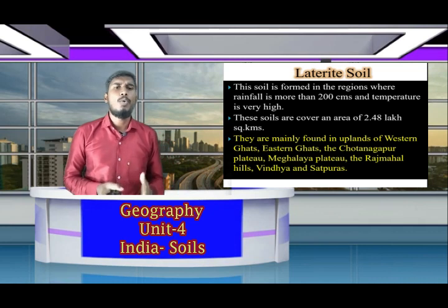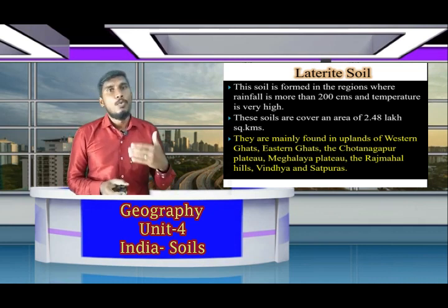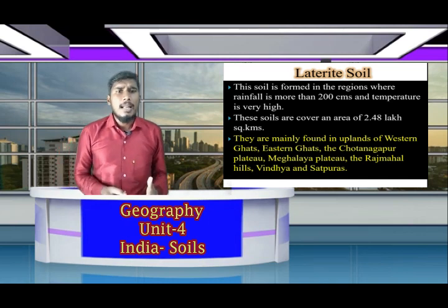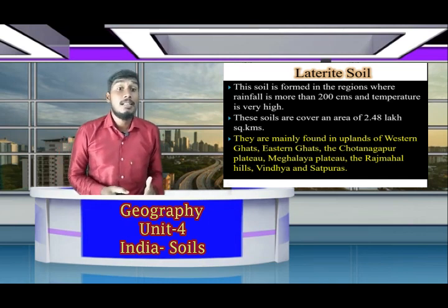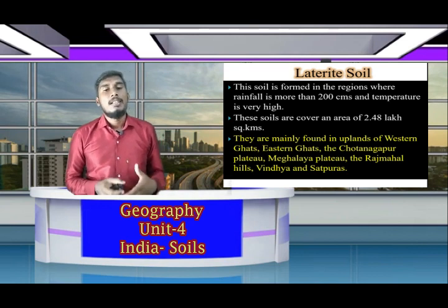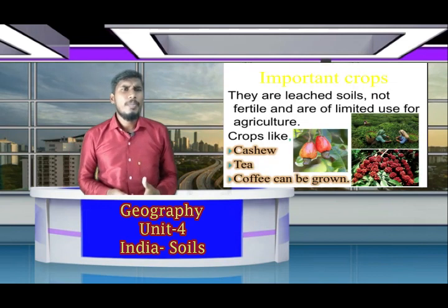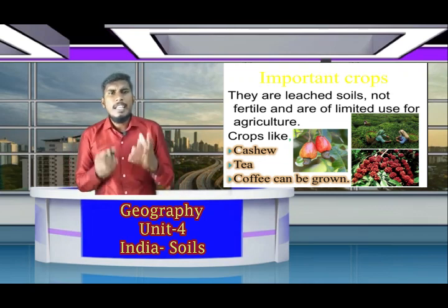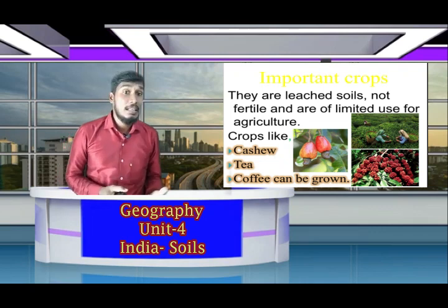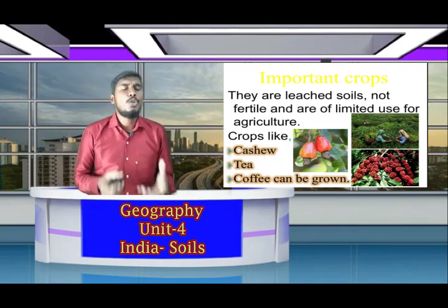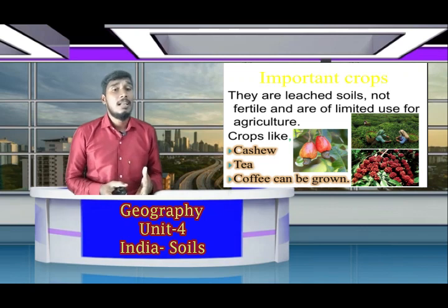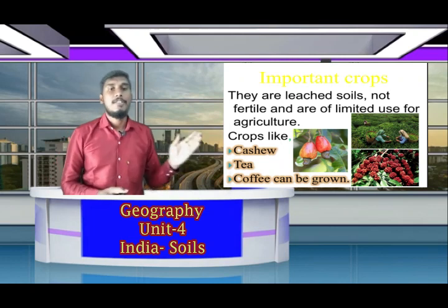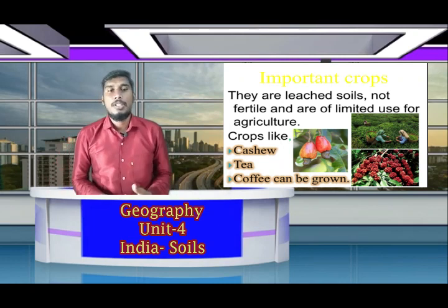They are mainly found in uplands of Western Ghats, Eastern Ghats, Chota Nagpur plateau, Meghalaya plateau, the Rajmahal Hills, Vindhya and Satpura. They are leached soil, not fertile and are for limited use of agriculture. Crops like cashew nut, tea, coffee can be grown in the areas. You could see in the pictures. Yes, right, children.